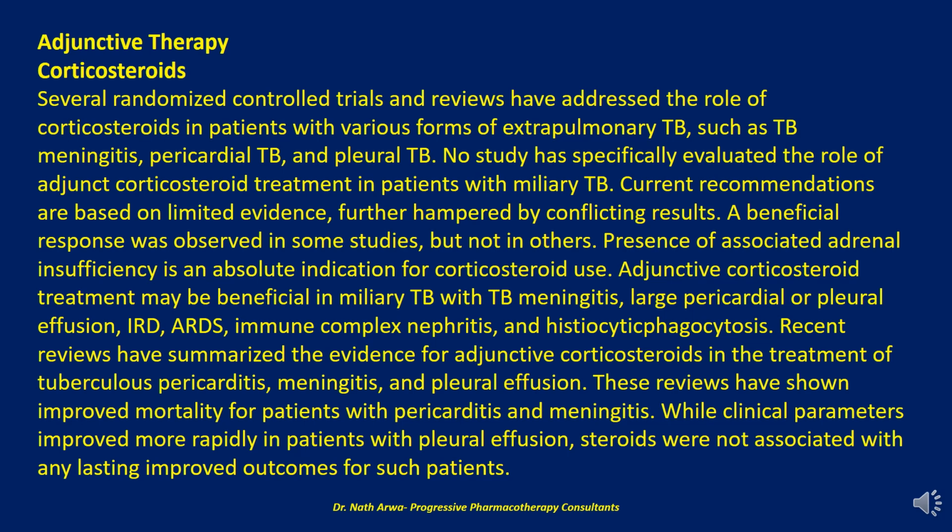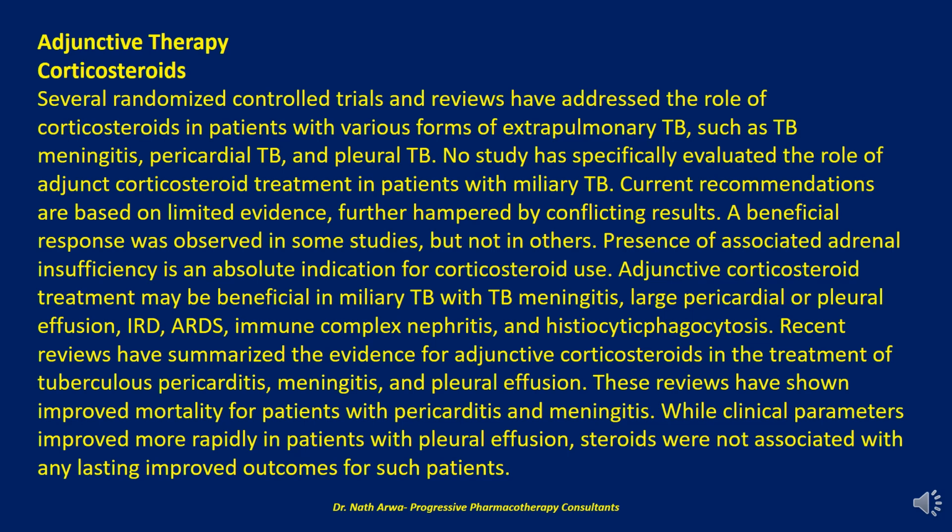Presence of associated adrenal insufficiency is an absolute indication for corticosteroid use. Adjunctive corticosteroid treatment may be beneficial in miliary TB with TB meningitis, large pericardial or pleural effusion, immune reconstitution disease, ARDS, immune complex nephritis, and histiocytic phagocytosis.